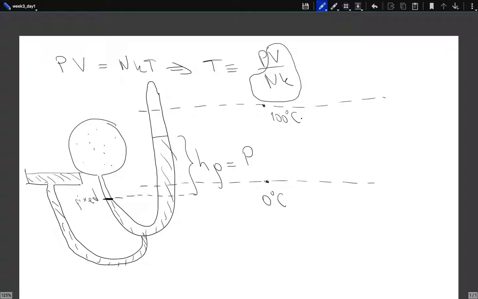Now, of course, you can also measure the temperature in terms of length. It's just the definition of your units. What should be the unit of temperature? If you look at this thermometer, you can just use the unit of, let's say, millimeters to measure the pressure. That is still commonly used when you are measuring blood pressure.